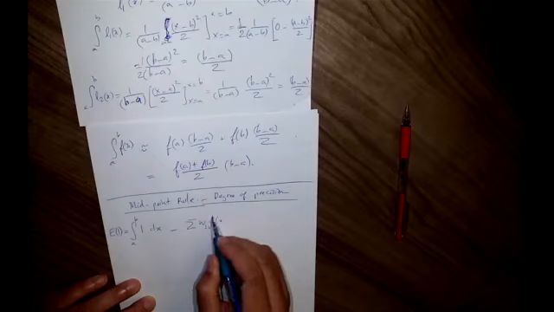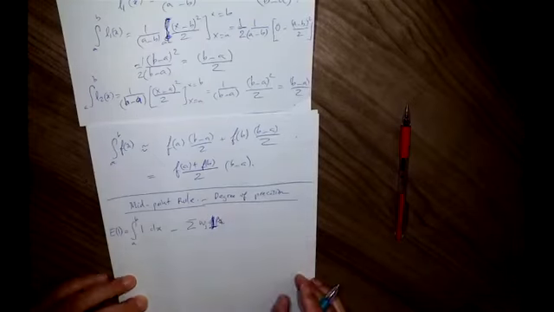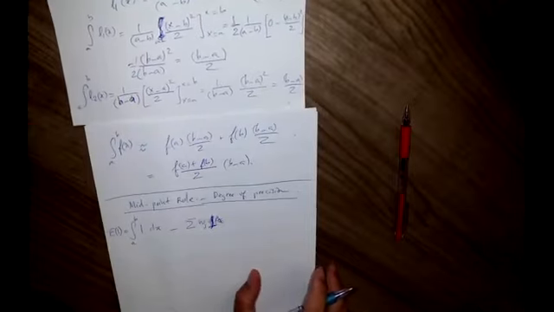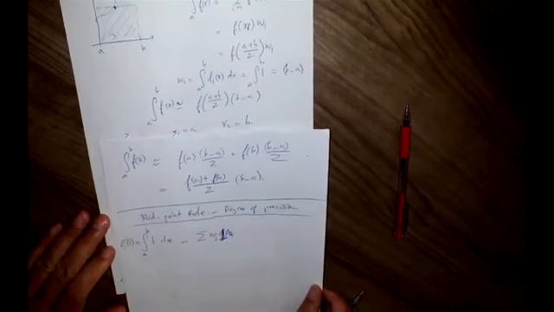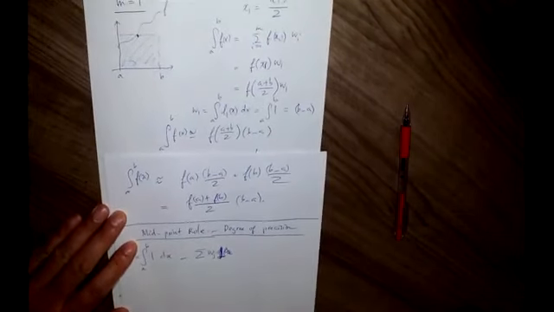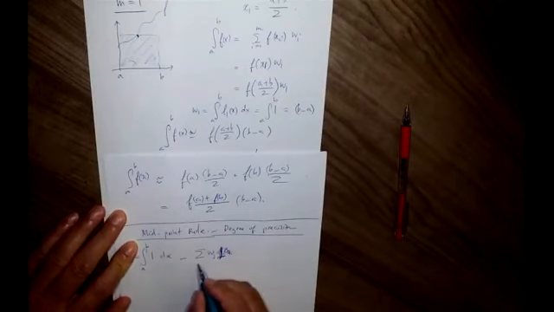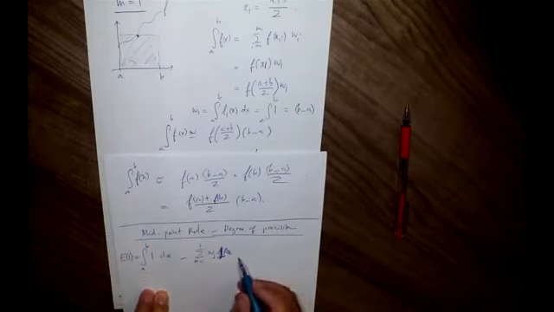From the midpoint rule you have only one point, m equals 1, with the function 1.